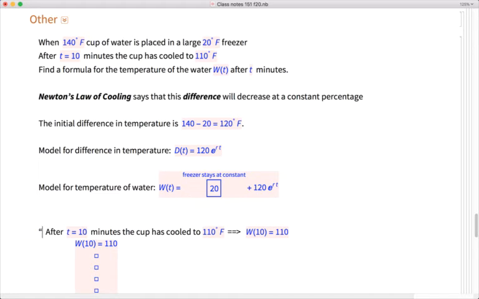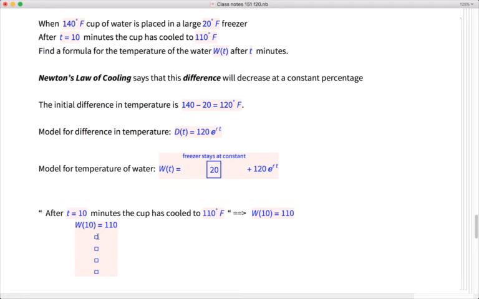All right, so this is the other kind of information that you get, just some stray other time. But the method is still the same here. We're just going to take the formula as we know it has to look and plug in 10 for the t, 110 on the other side, and then begin to solve it.